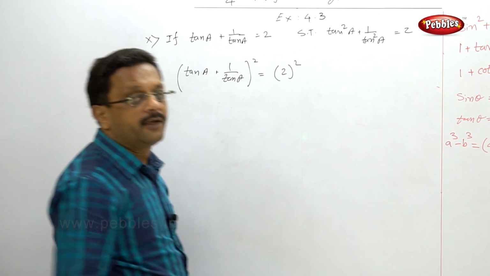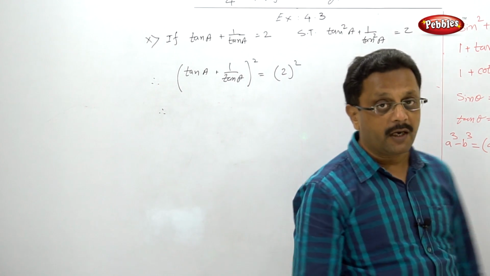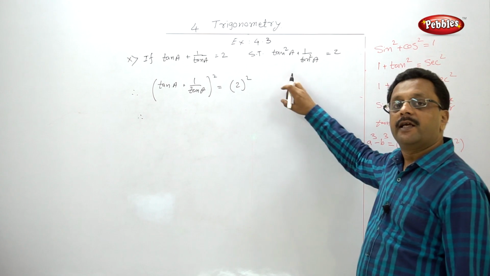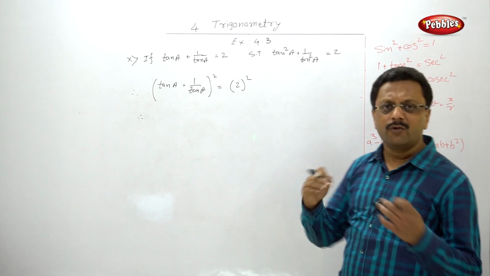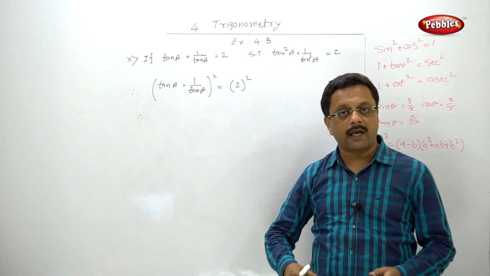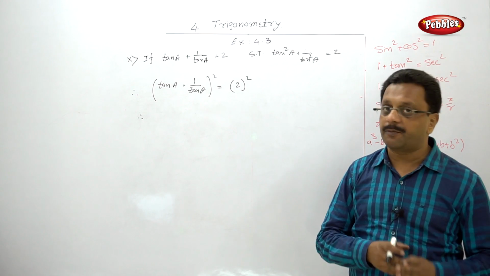You have to write the reason for your every step or most of the steps. Here you have to write squaring both the sides. I am not spoon feeding you all these things. These are quite obvious things. You have to write the reason for each and every step you are doing.